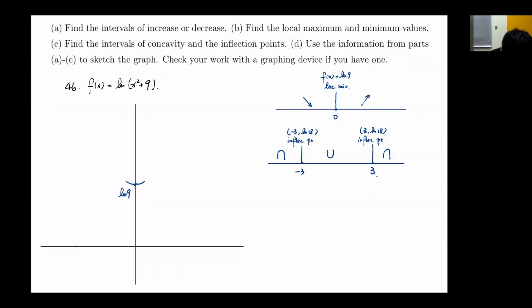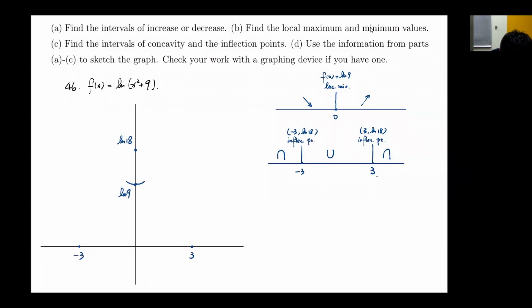And we also need the points 3, natural log of 18. Natural log of 18 does not make a big difference from natural log of 9 because they only differ by natural log of 2. And the x coordinates are positive 3 and negative 3. So let me move things around so that they look symmetric. All right, so that's basically positive 3 and negative 3.